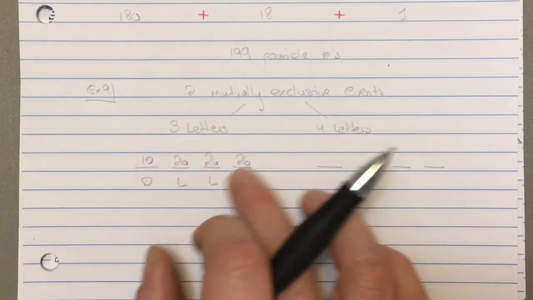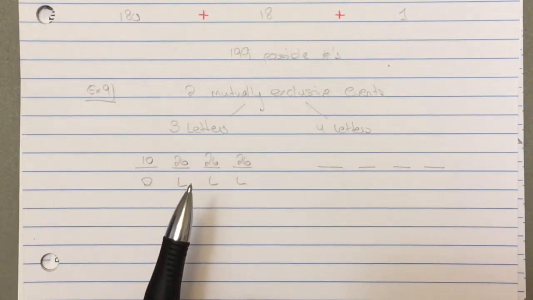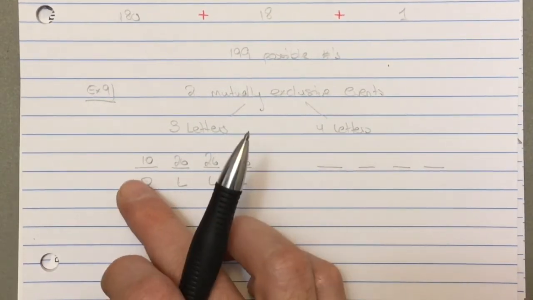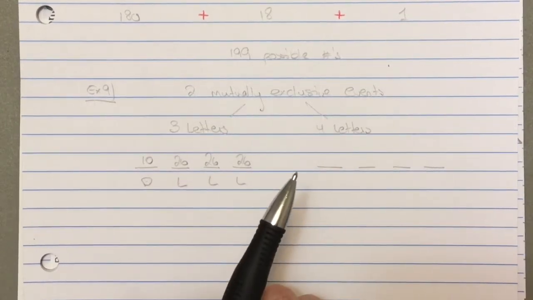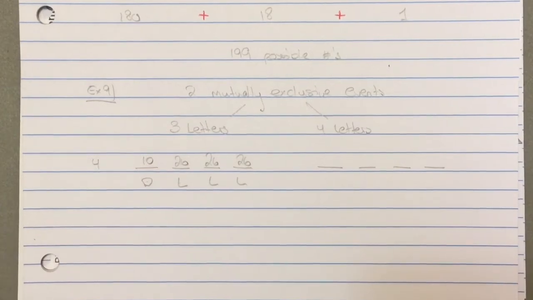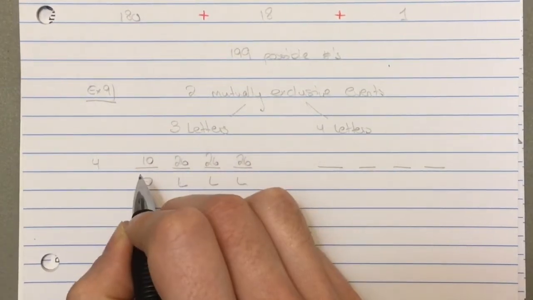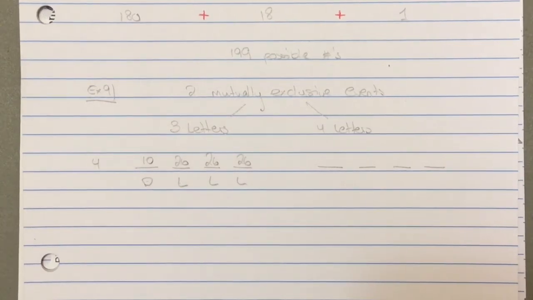So my product will stay the same no matter where my digit is, but there will be 4 of these options here. That means you can just multiply this by 4 in the beginning, or you can figure out each one of them separately and then add them all together. Those are your 2 options.